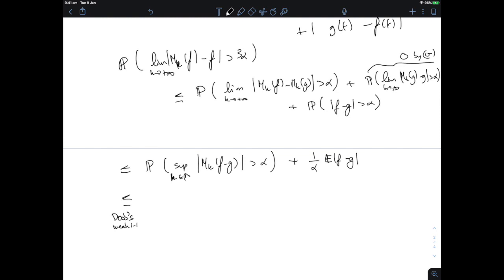So Doob's weak type 1-1 inequality tells me that this is also smaller, because I have a martingale, than 1 upon alpha times the supremum over k in n of the L1 norm of mk of f minus g.